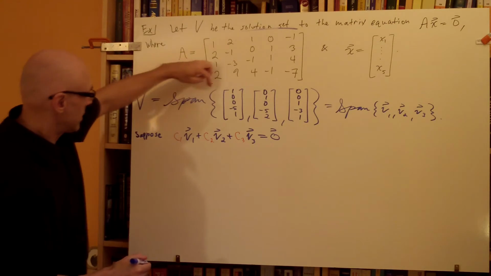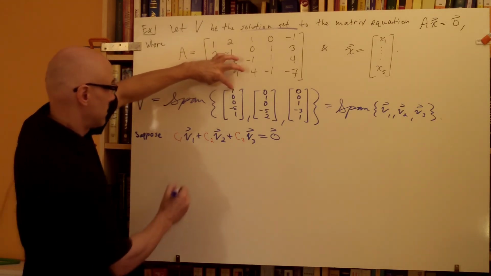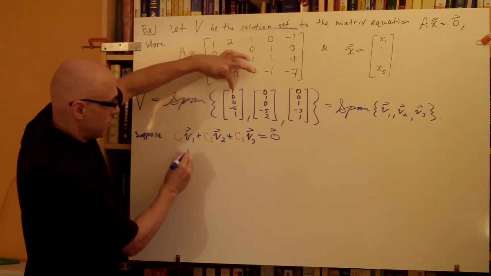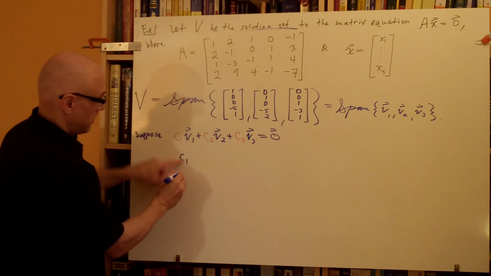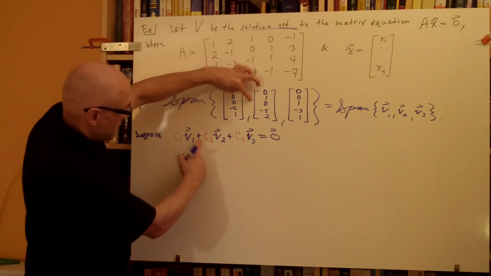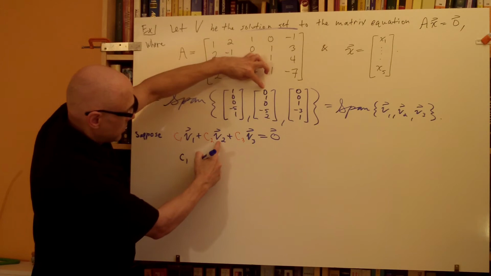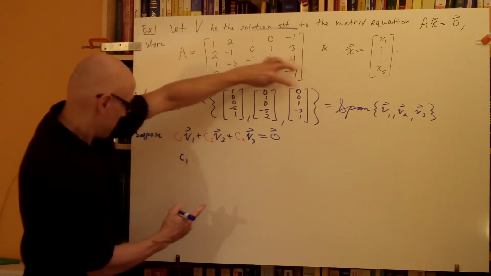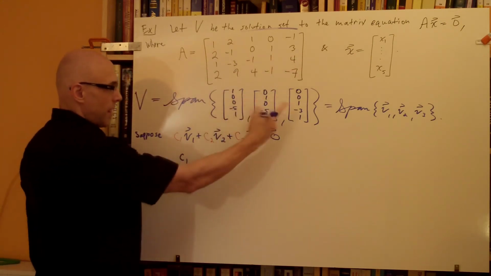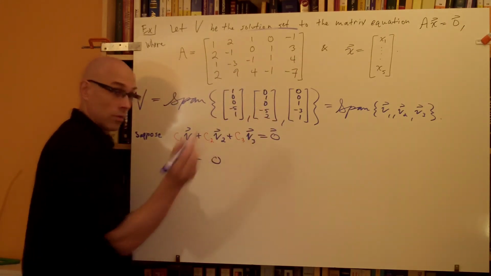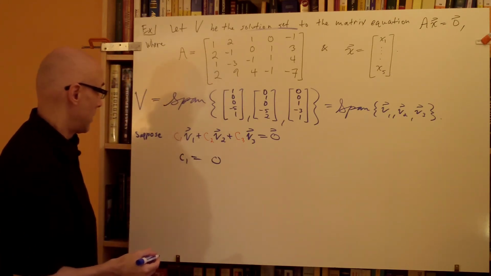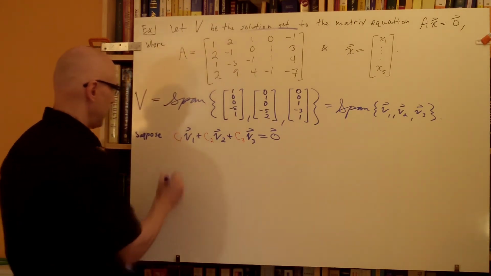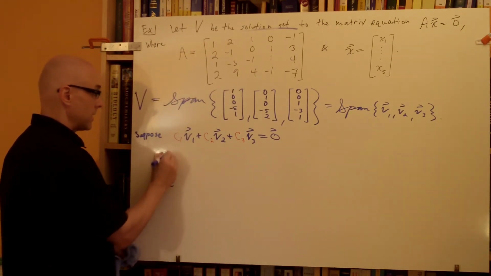If you look, we have C1 times V1. You get a C1 times 1 here, plus C2 times this vector gives you a 0 up here, plus C3 times V3, another 0. So C1 is equal to 0 right away. Let me be a little more explicit though.